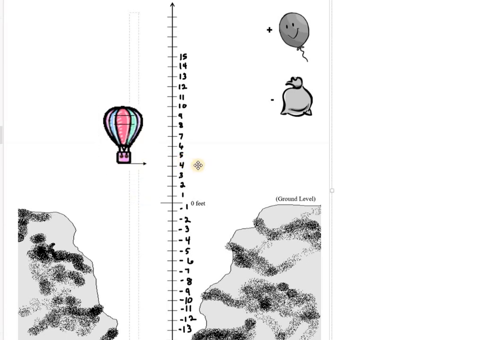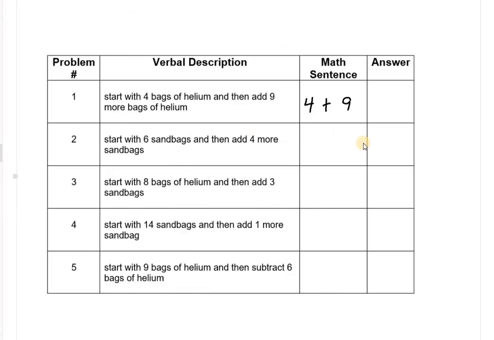There's where my balloon is when I have 4 bags of helium. Now I'm going to add 9 more bags of helium. So I'm going to raise my balloon 9 spots. 1, 2, 3, 4, 5, 6, 7, 8, 9. And you can see that my balloon is going to end up at 13. When I go back to my math sentence here, I know 4 plus 9 is 13.